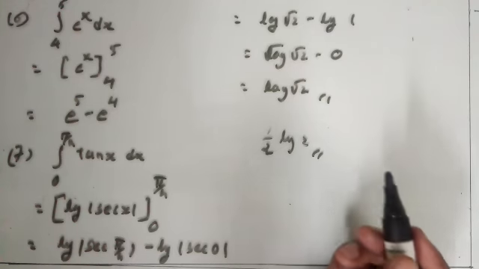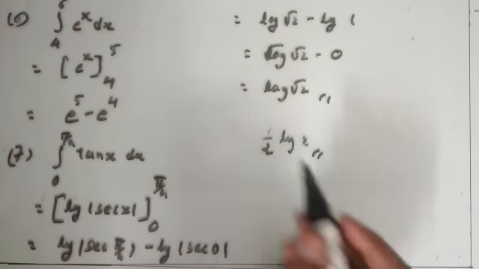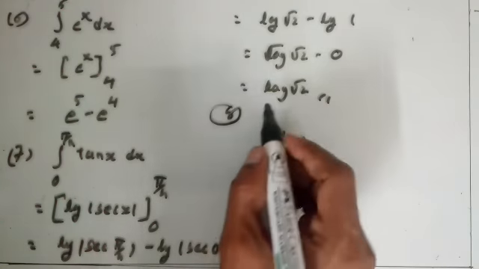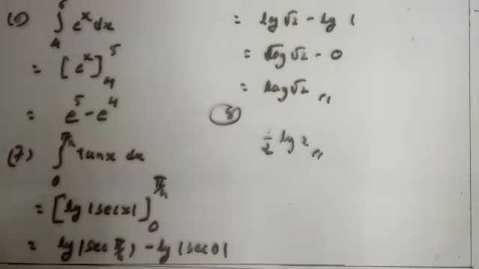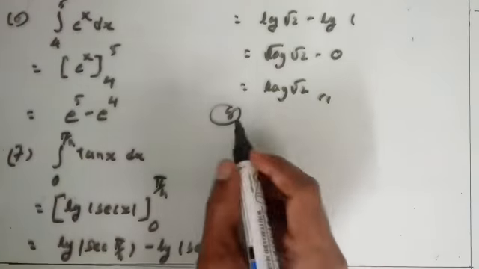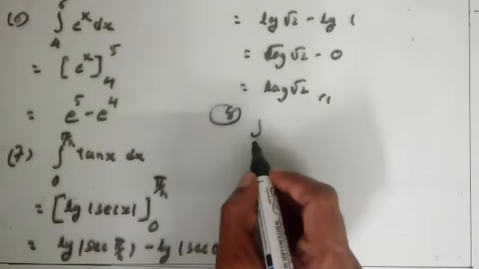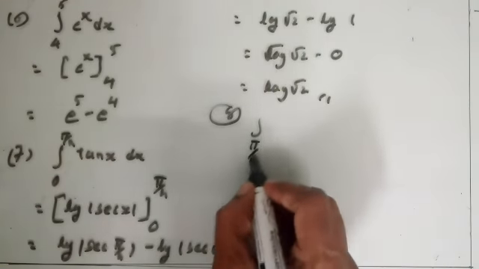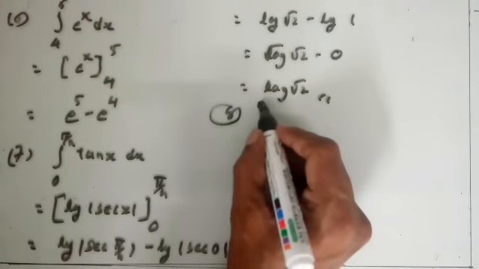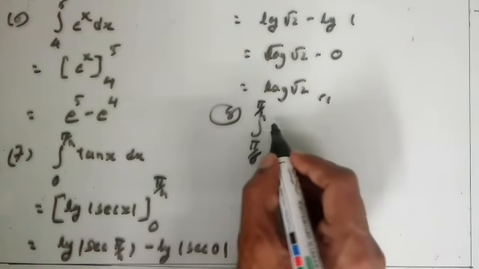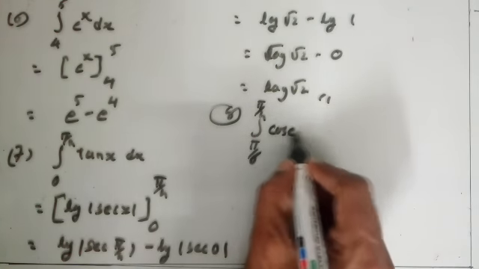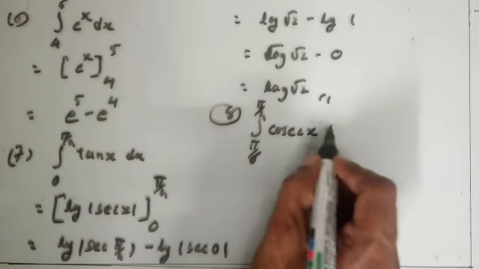Now next question number 8. Find the integration of pi by 6 to pi by 4 cosec x dx.